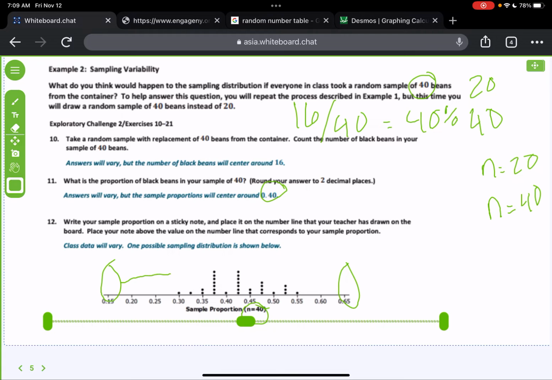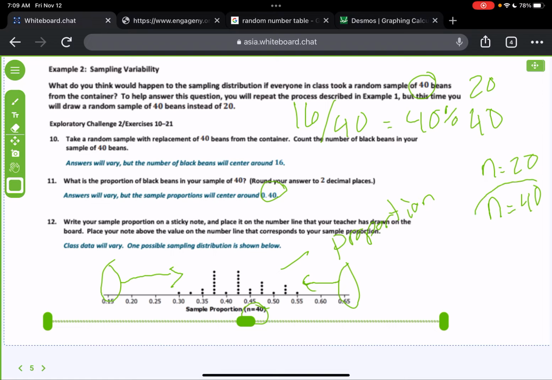Everything is squeezed in. The reason why is because these are proportions. So here's what you need to take away. Big time. Get this in your head, because you will see this for the remainder of this semester.